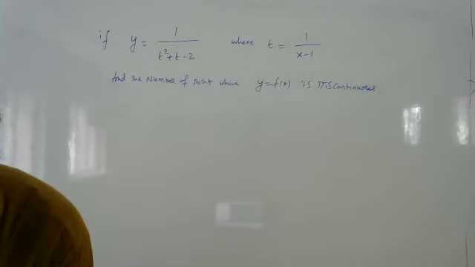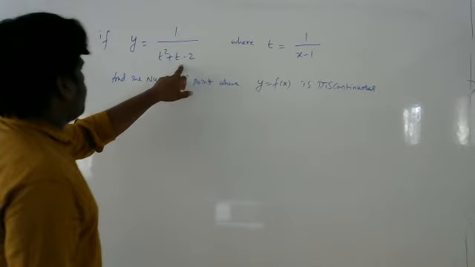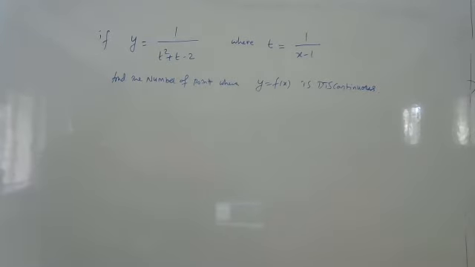Okay. We have to check y is equal to 1 upon t square plus t minus 2, where t is equal to 1 upon x minus 1. Find the number of points where y is equal to f of x is discontinuous.